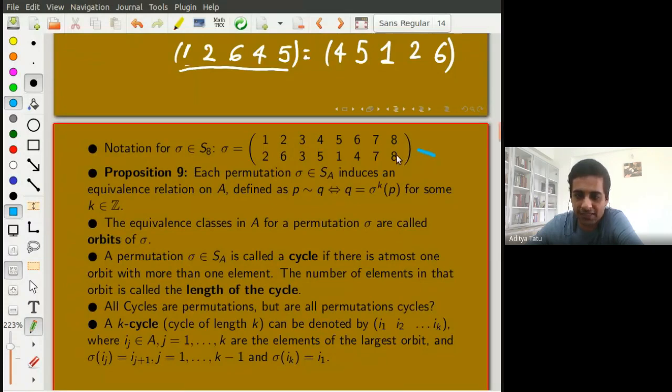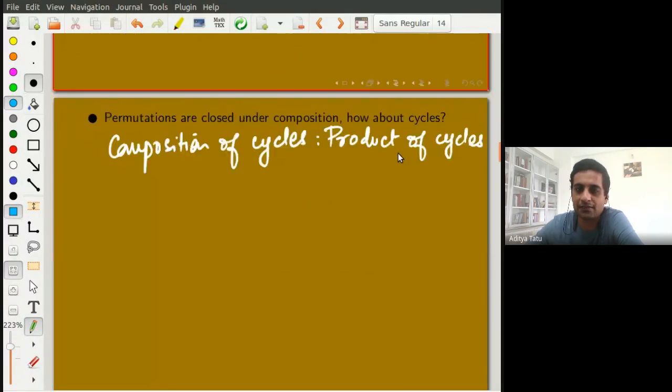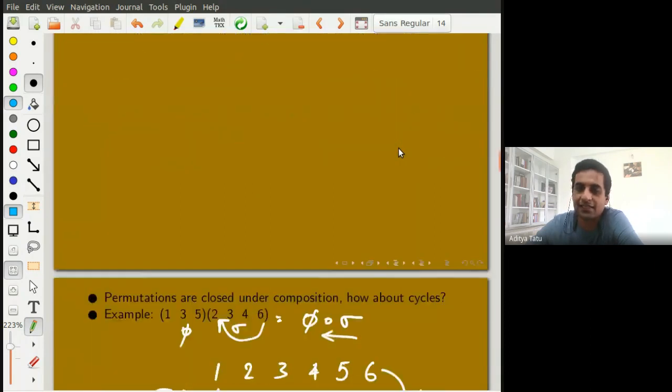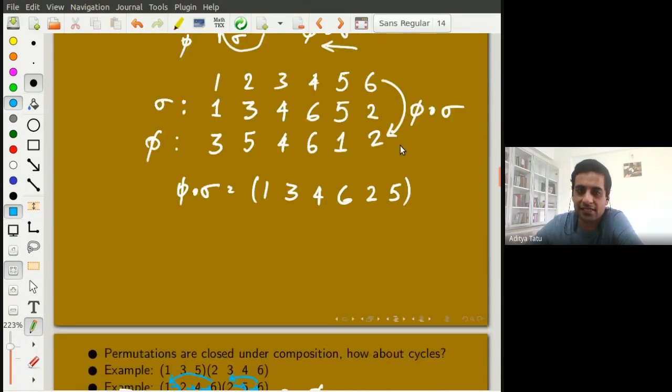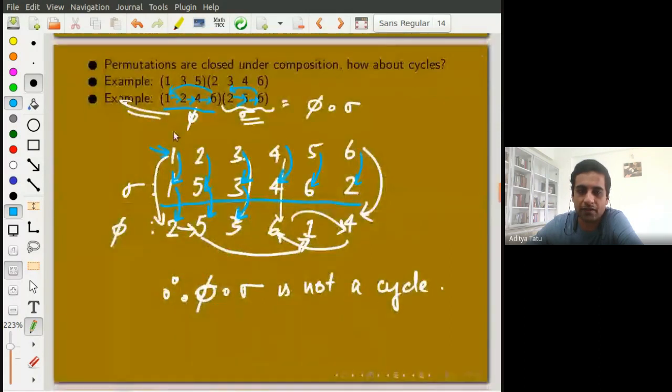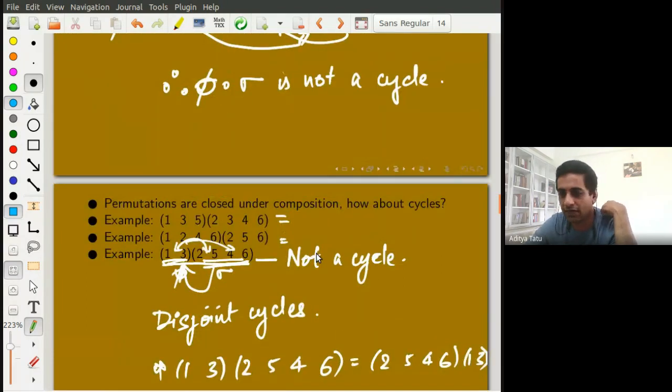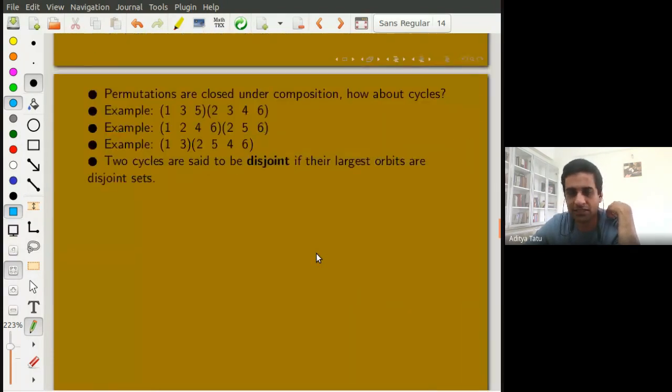So instead of using this notation, you have these special kinds of permutations which are called cycles, and these cycles at least are easier to represent in this way. Just write the cycles, I mean, just write the orbits. Okay, so that is fine. Any other questions, doubts?